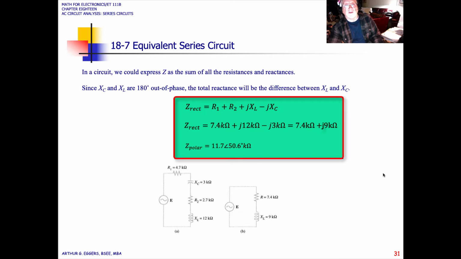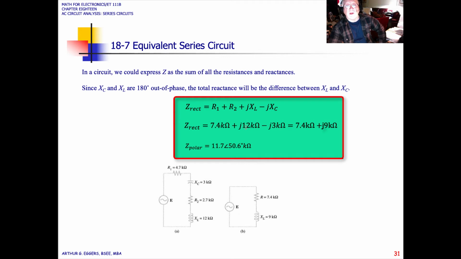Okay, again, we do the same thing here. You can see we've got two resistors, a capacitor, and an inductor. The capacitor and the inductor have to be treated separately because they are a negative and a positive. So when we add R1 and R2 together, we get our 7.4, and then we add 12k, we subtract 3k.